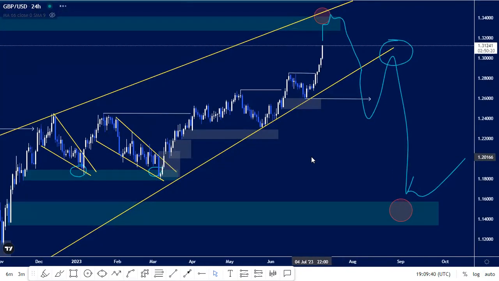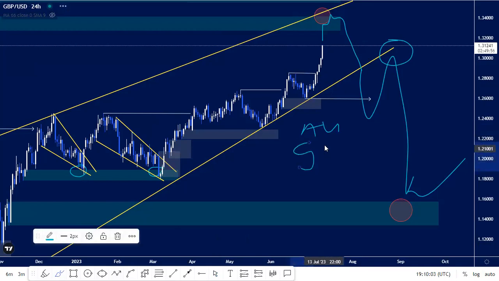Remember what I said in the beginning: have one major currency pair that you focus on, between AUD USD, EUR USD, GBP USD, and USD JPY.